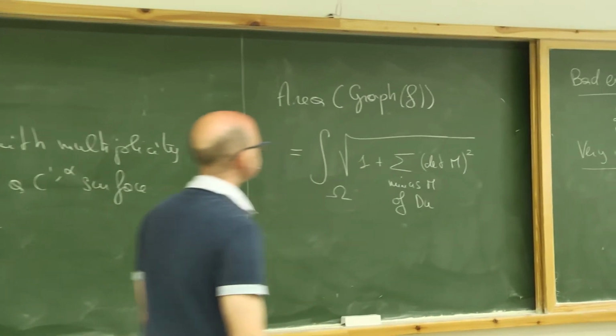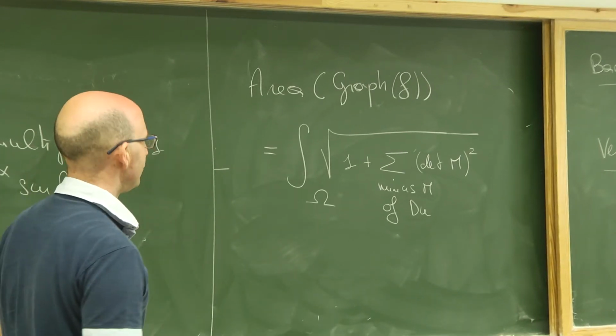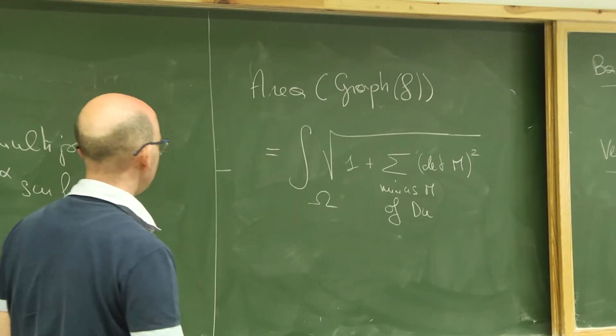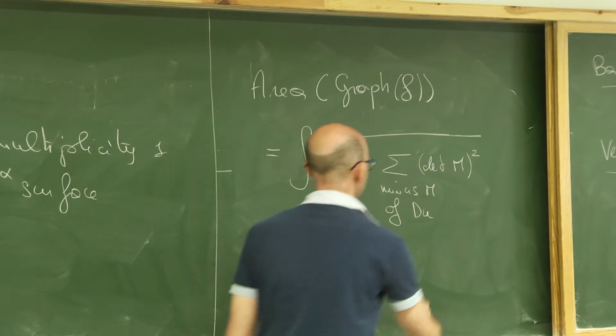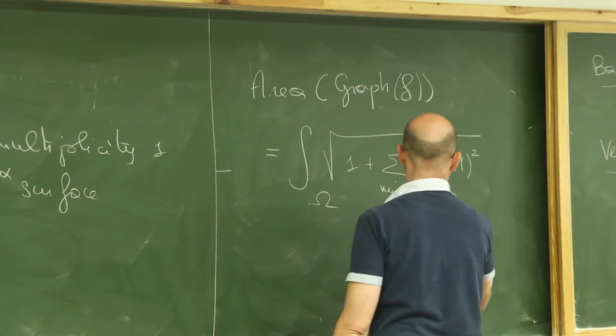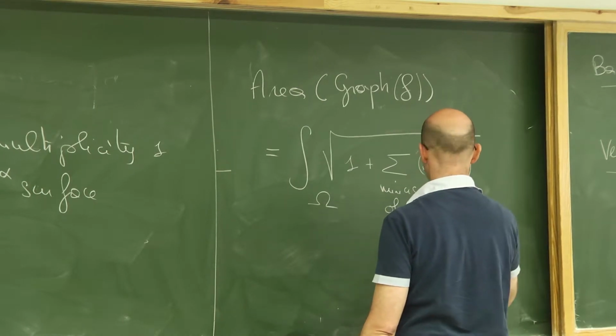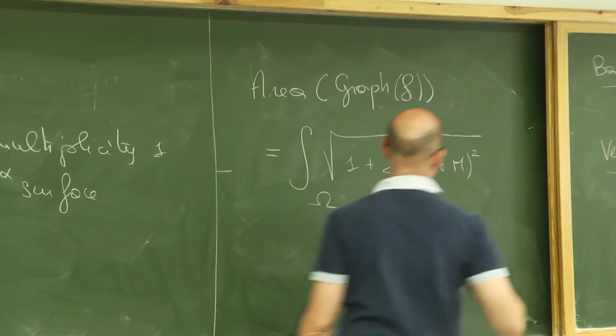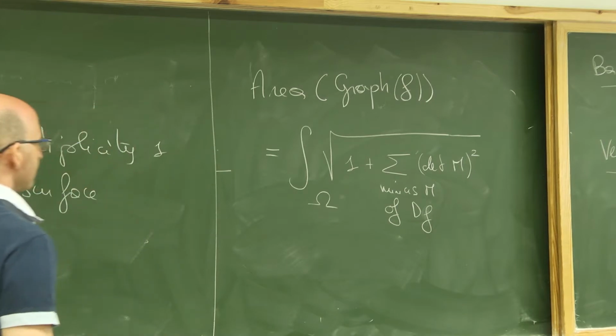Now, this is a complicated thing. Yes, sorry, I have the graph of f, and so this is Df.